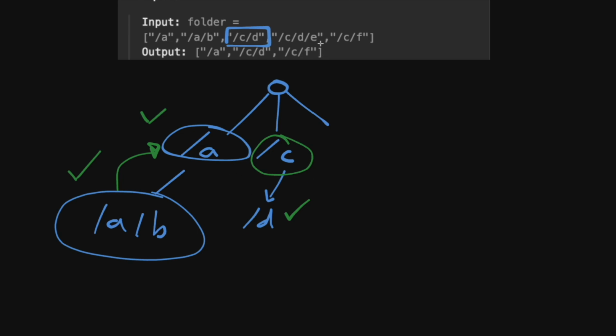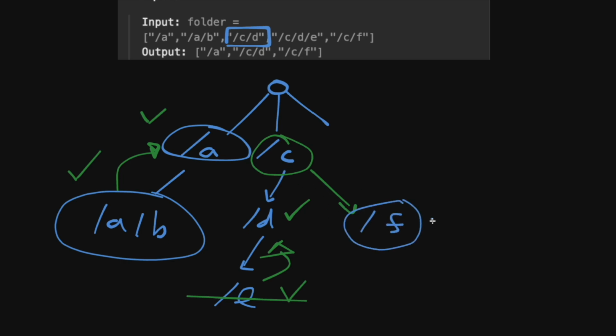But for example, when we do /C/D/E, right, from D we go to /E. E is obviously the last item here, so it's the terminal node. And because its parent is a terminal node, that means that this one is actually a subfolder. Same with /C/F, because we have /F here.